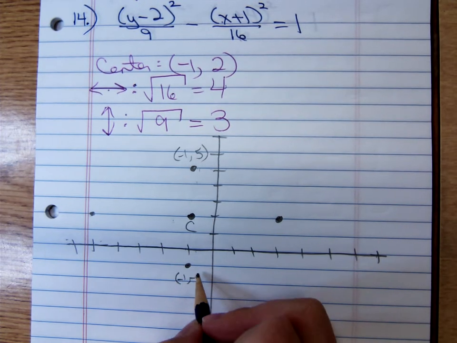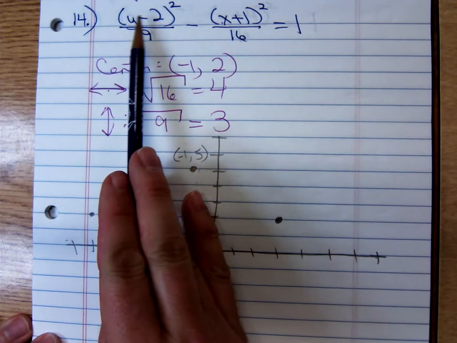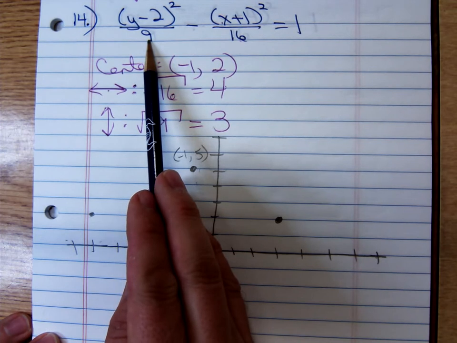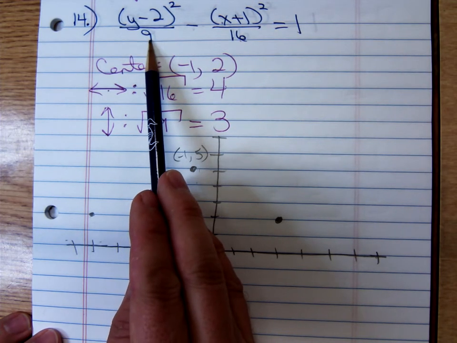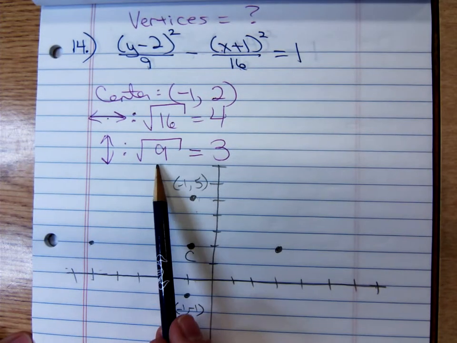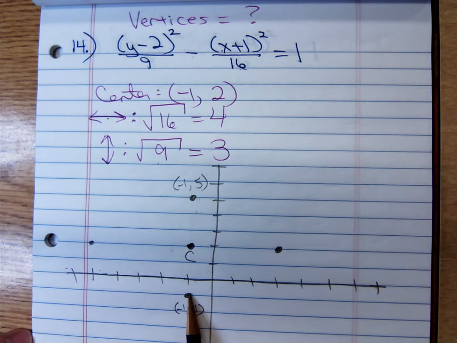Remember, to decide on the vertices, you look at the variable that's in front of that connecting operation of subtraction, the first fraction. Which points did you get when you moved the square root of 9 units? Those were the up and down points. So the up and down points are my vertices. I could even sort of draw in the thing right there.